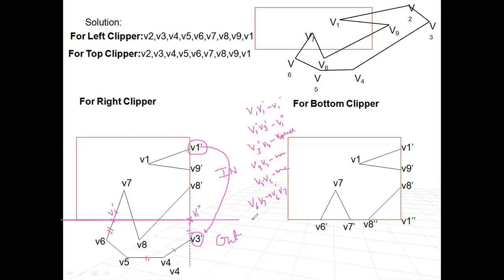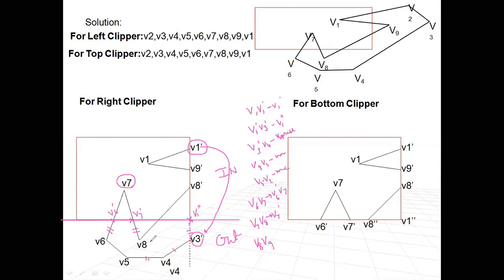Now V7 to V8. This is in, this is out. In and out means this vertex V7 dash. Okay, this will be removed. V7 dash. Now we will move from V8 to V9.